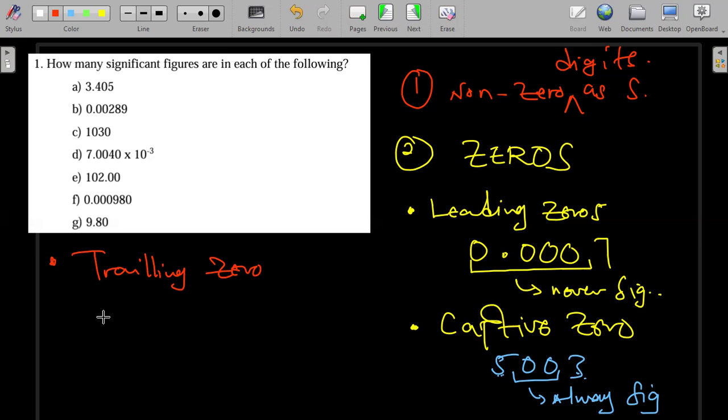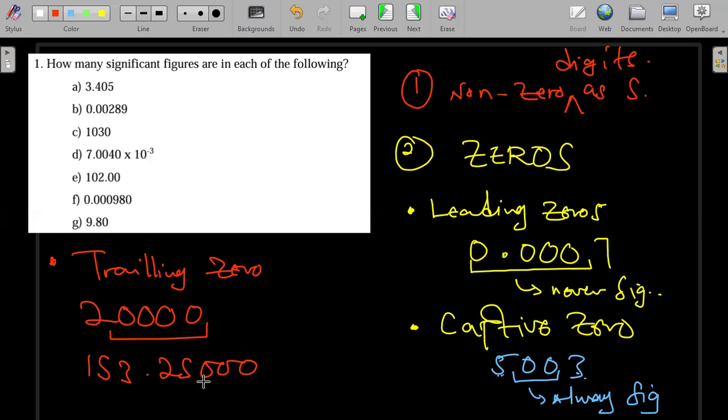For example, I can write 2000 like this. These zeros here are trailing zeros because they are coming after a non-zero digit. Or I can write maybe 153.2500. These ones also will be called trailing zeros.